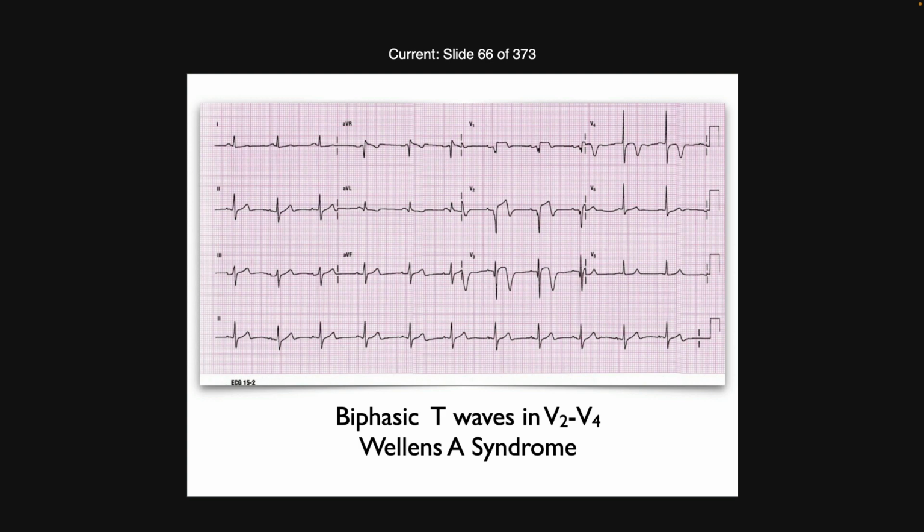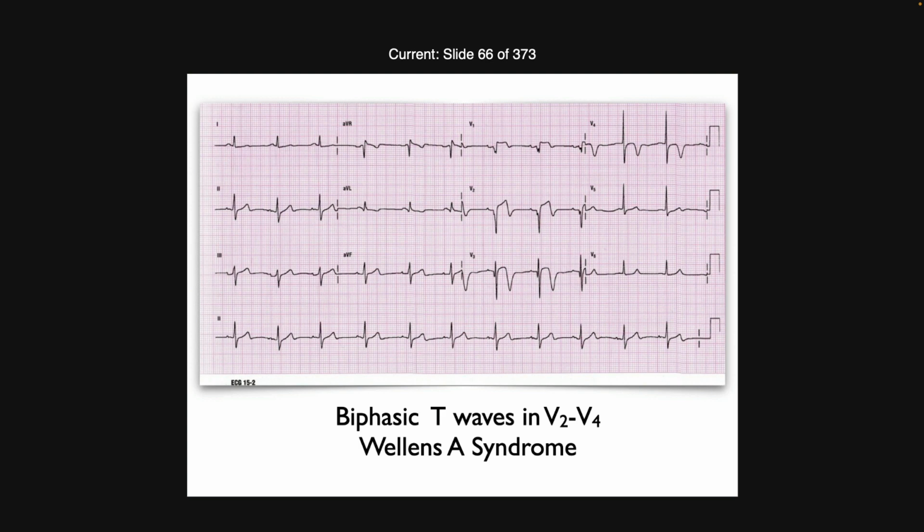So is it important to differentiate A and B in the field clinically? No. To be honest, if you simply say, I have a patient who shows Wellens syndrome in V2 and V3, probably the charge nurse will be saying, what's Wellens? It's not very well known, and it's not very common.